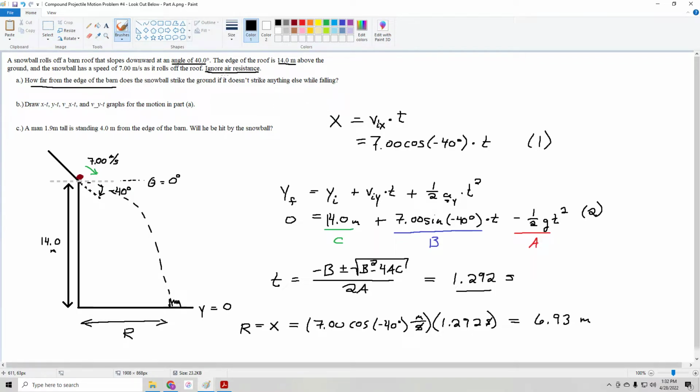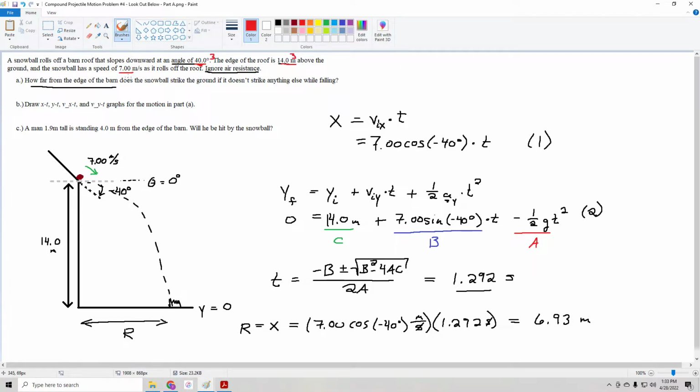Now, we noticed in some of the previous problems that we should be reporting our answer to the smallest number of significant figures provided in the problem description. So looking at all the numbers, with the angle, we have 3. With the edge of the roof, I also see 3 here.